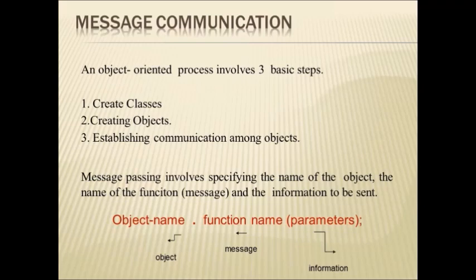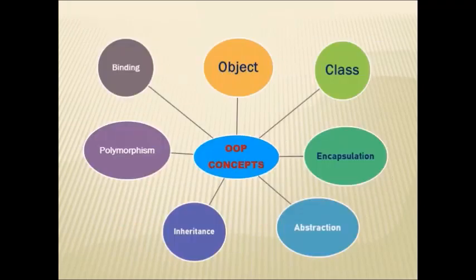It can be represented by object name, dot operator, function name and any parameters. That is the representation part. So the objects are communicated in the form of messages. This process is known as the message passing environment. So these are the main important concepts of object-oriented programming.